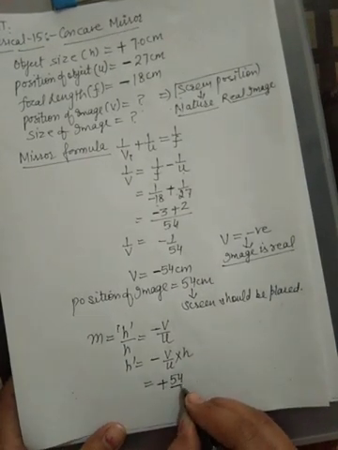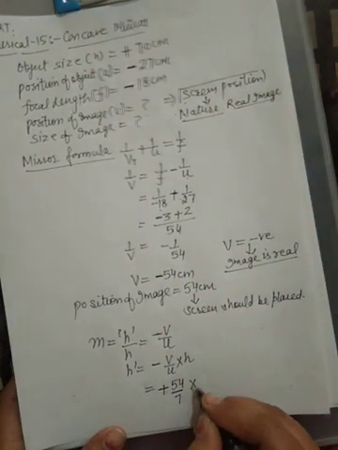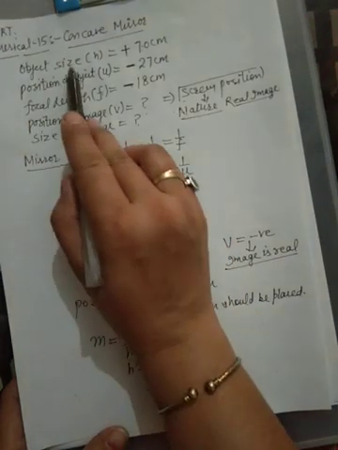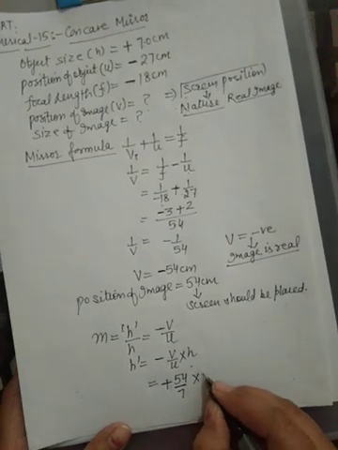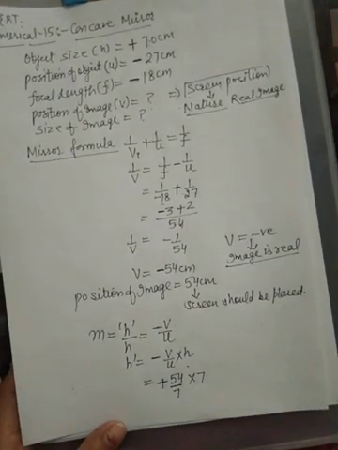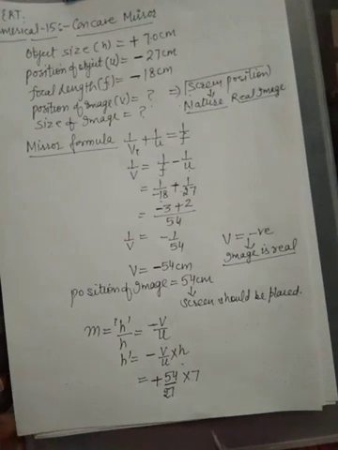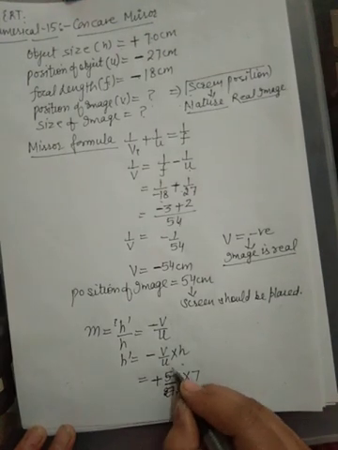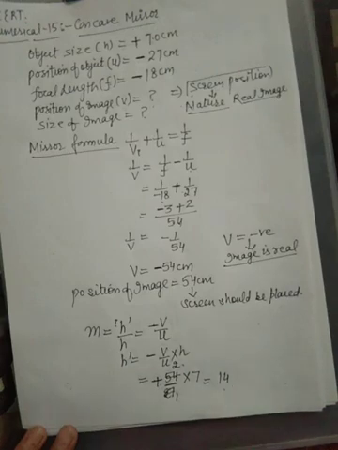What is u? U is minus 27. What is h? H is height or size. Object size is 7 centimeter. So substitute here 7. Cancelling 7 with 7. Here 27 cancels with 54. That is 2. 2 7s are 14. So it is 14 centimeter.